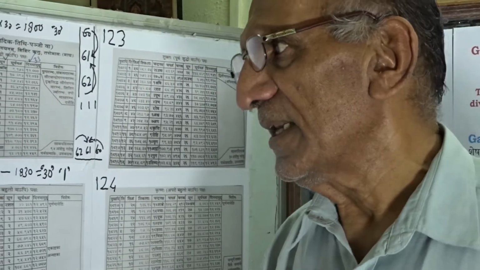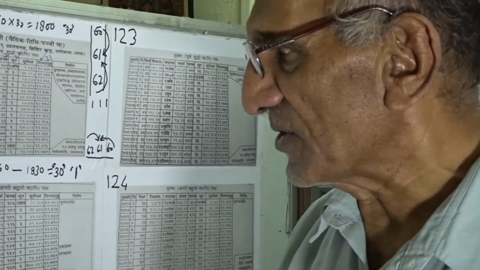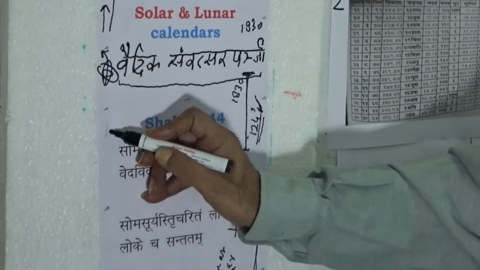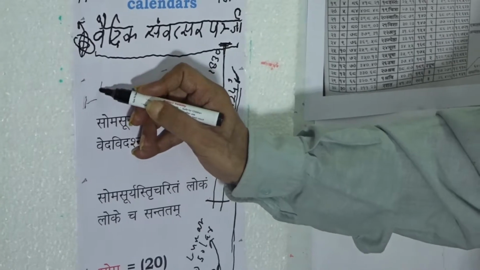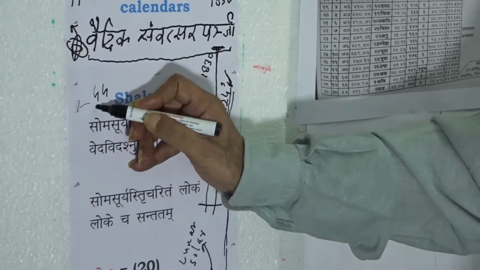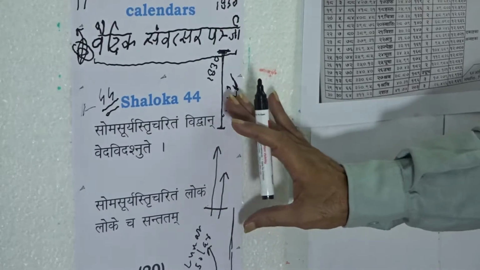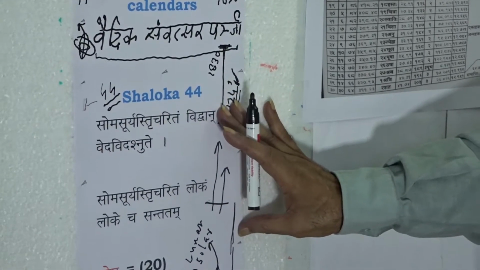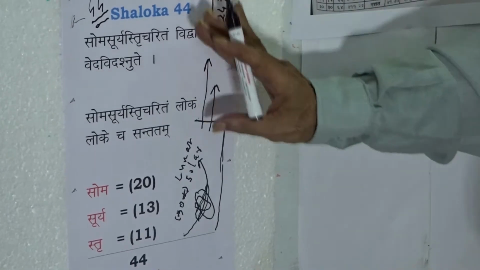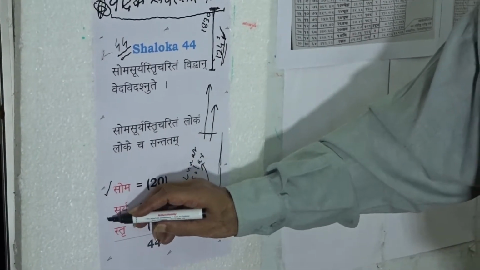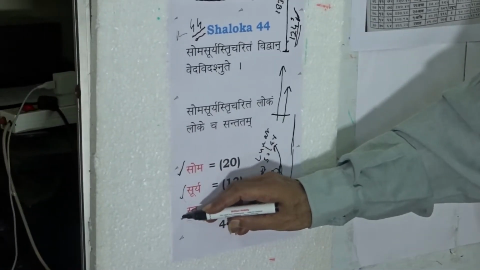Before that, let us have a pause here and take note that the Lagadh Jyotish Vedanga, Yajur Jyotish Vedanga, is of 44 shlokas range. The 44th shloka is preserving that the chase has been of 3 steps: Som, Surya and Sarpi.